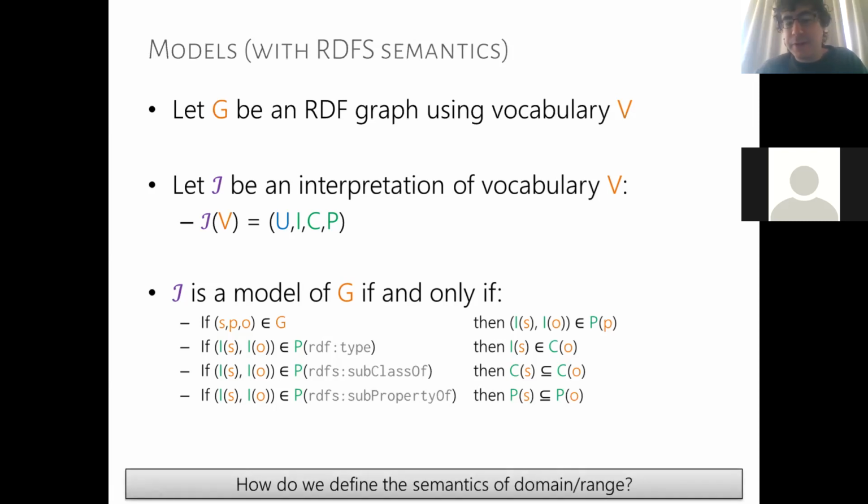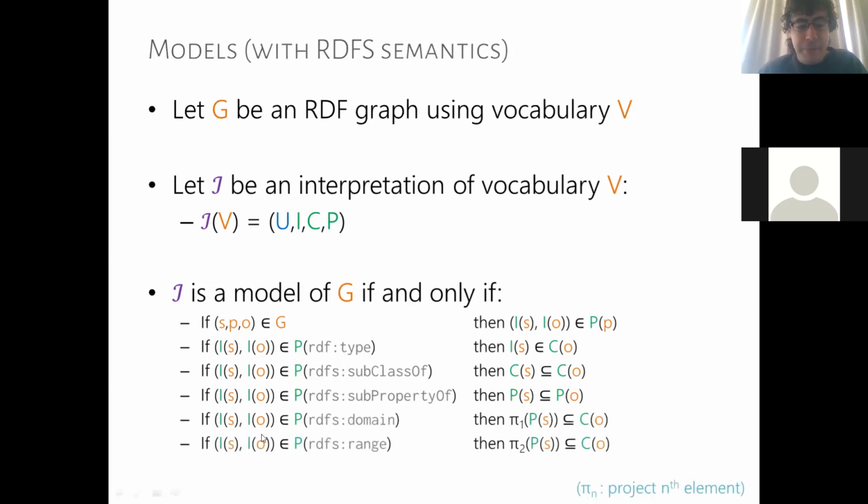How do we define the semantics of domain and range? We can continue in this way, and what we end up doing is just defining all of the vocabulary in terms of set notation, in terms of set theory. So if S has domain O, then what we're going to infer, in this notation that is a little bit awkward, I'm using relational algebra here just to abbreviate it, which is a projection. This says just project the first element. So it takes all of the pairs for S, since we're interpreting S to be a property that gives us a set of pairs.